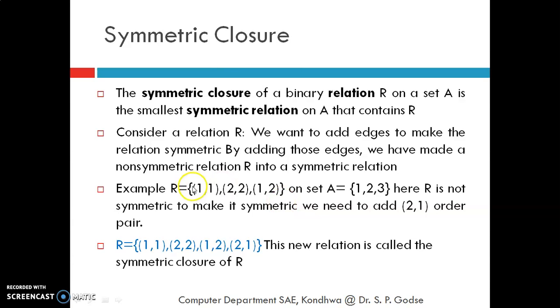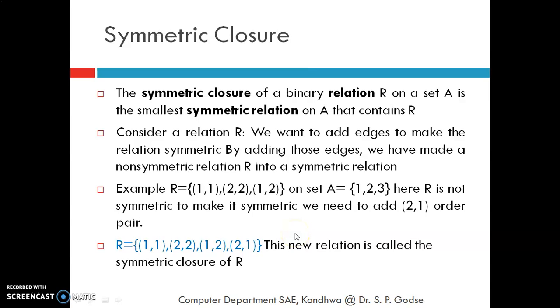Consider the example. This relation is given: R is equal to (1,1), (2,2), (1,2), on set A = {1, 2, 3}. Here R is not symmetric because (1,2) belongs to R, but (2,1) does not belong to R. So it is not symmetric.